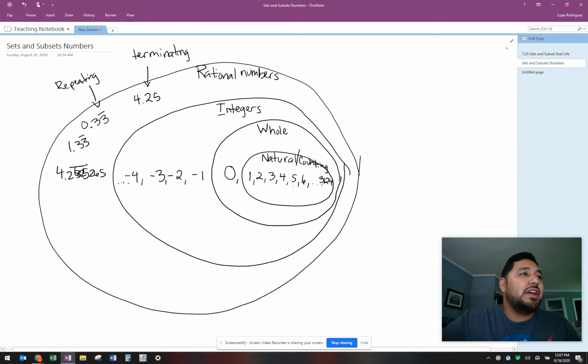You could just put a line over that beginning 265, and you'll be good there. That indicates that the sequence of 265 repeats forever and ever and ever.